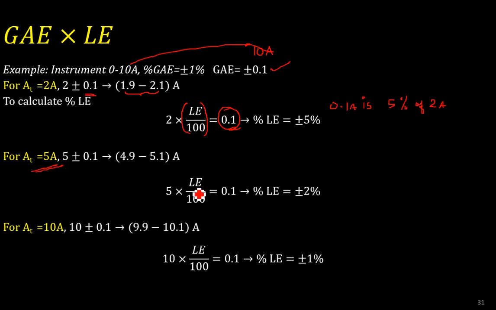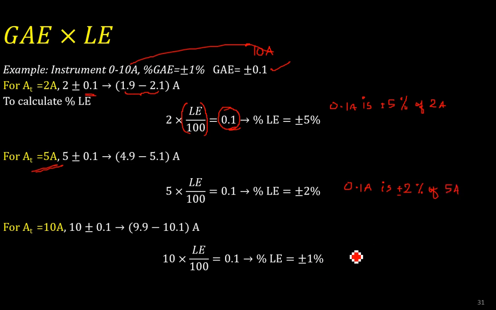Similarly, when you are trying to measure with 5 amperes, for a true value of 5 amperes, you will be getting the limiting error as 2%, or 0.1 ampere, which is a fixed error because it is a guaranteed accuracy error. You can give plus or minus also, plus or minus 2% of 5 amperes.